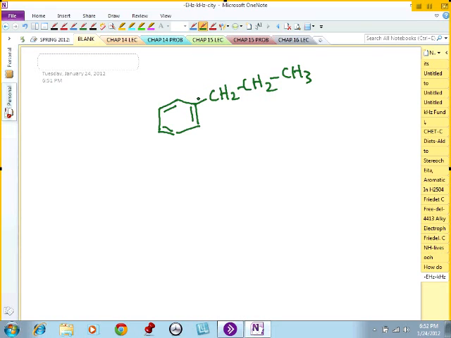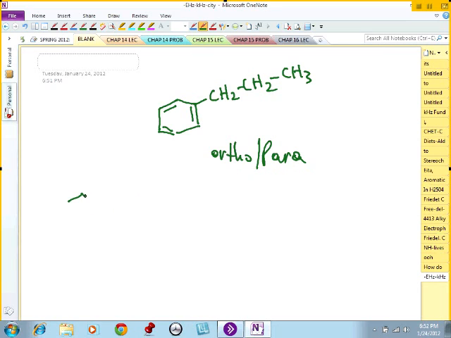So this is an ortho-para director. Everything else is a meta director. Any other group in which the atom attached to the ring system contains non-bonding pairs of electrons, you know those are ortho-para directors. Then anything else will be a meta director.